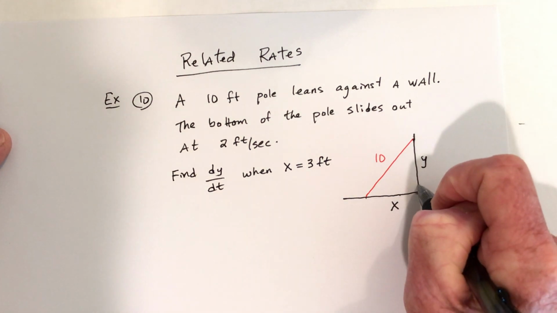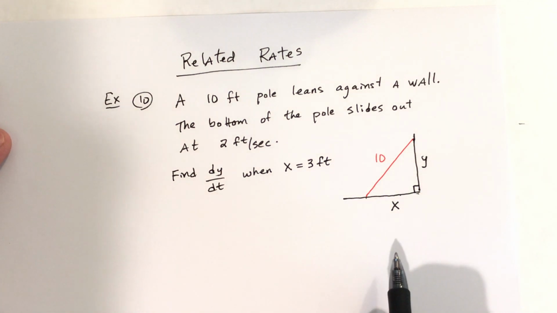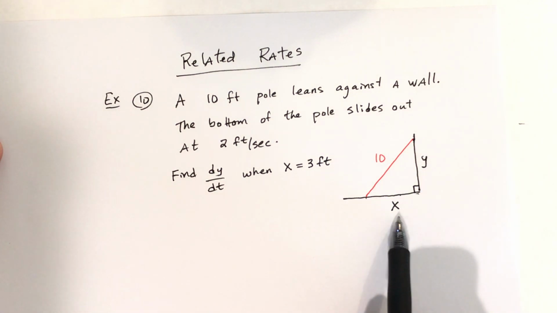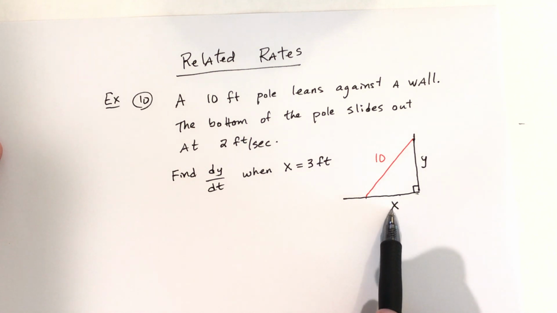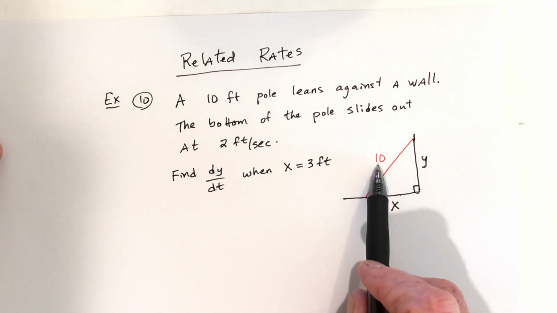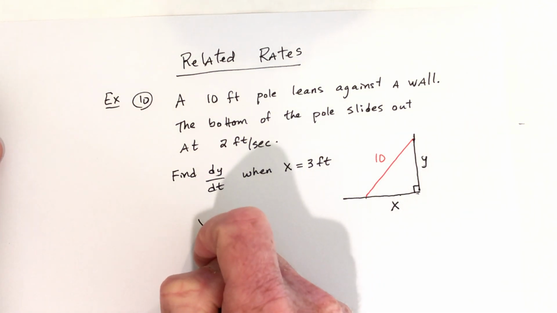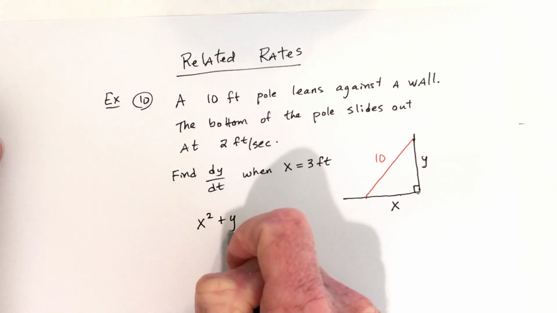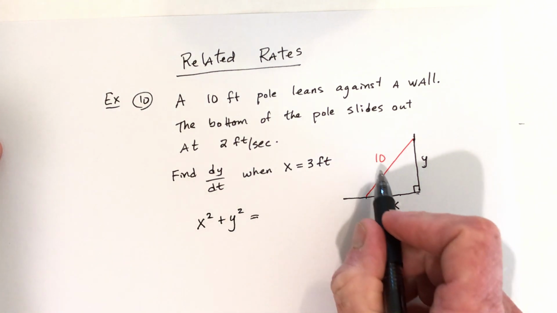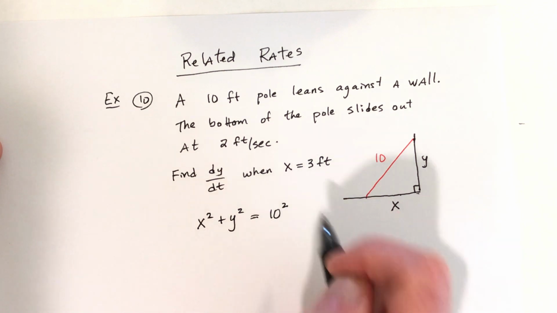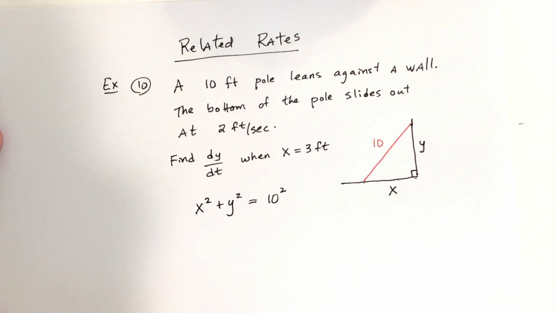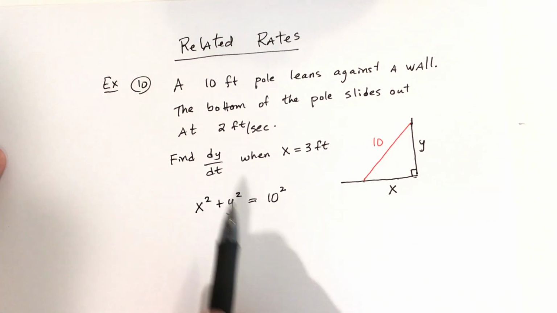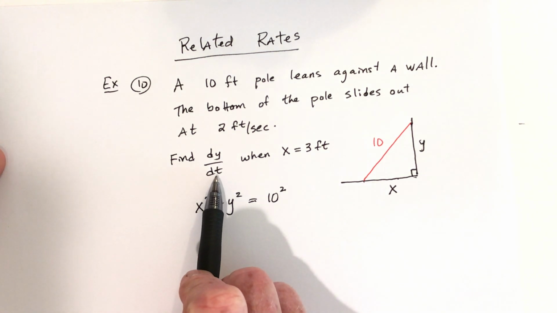So this is a right triangle, which means we can use the Pythagorean theorem. The Pythagorean theorem says this squared plus this squared equals this squared. So the equation is going to be x squared plus y squared equals 10 squared. And just like with the last one, take the derivative with respect to t.